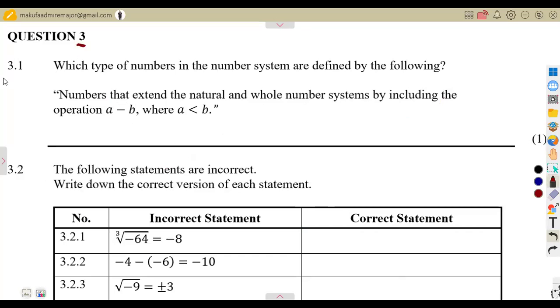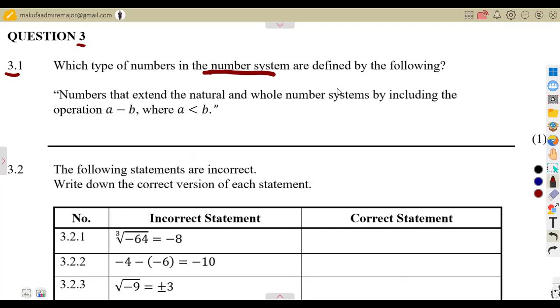Question number 3, 3.1: which type of numbers in the number system are defined by the following? Numbers that extend the natural and whole number systems by including the operation A minus B, where A is less than B. Which type of numbers are these?